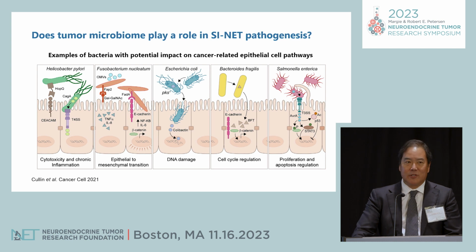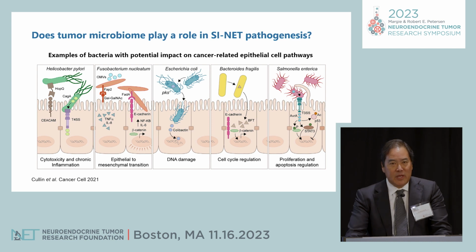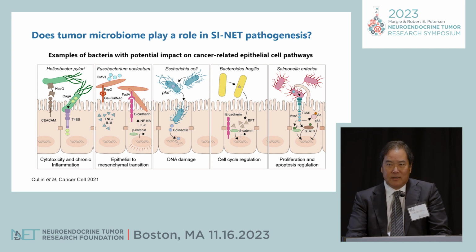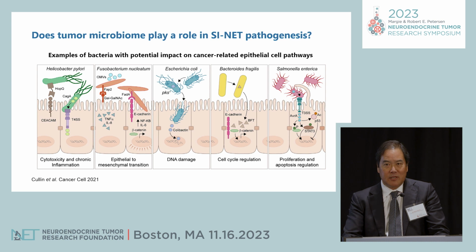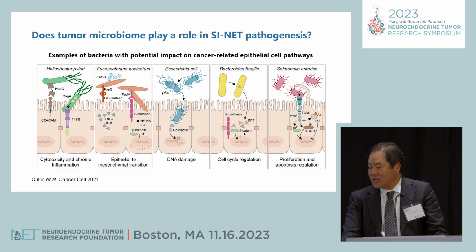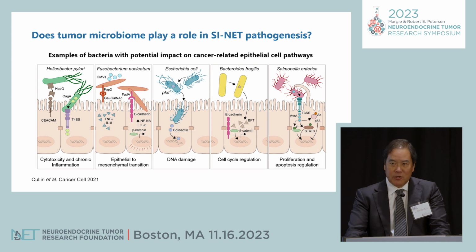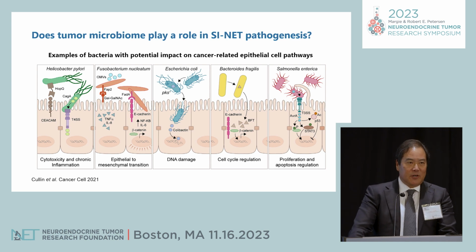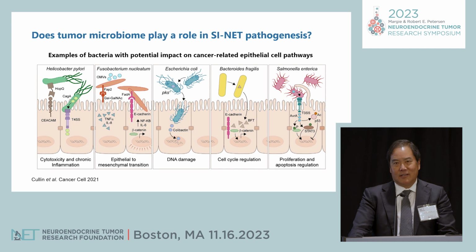In this study, we turned our lens to the microbiome. There's a lot of evidence in other cancers that the microbiome may play a key role in carcinogenesis. We're all familiar with Helicobacter pylori in gastric cancer, hepatitis B and C in hepatocellular carcinoma, human papillomavirus in cervical cancer, and Merkel cell carcinoma, which is a neuroendocrine tumor of the skin, where there's integration of the Merkel cell polyomavirus.